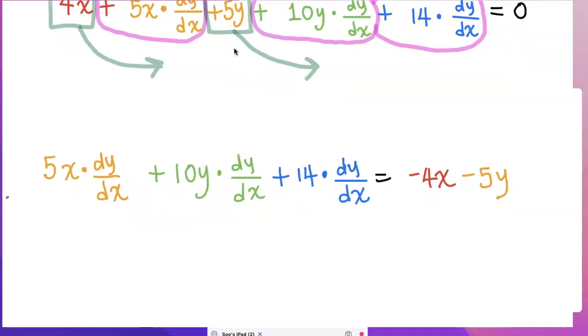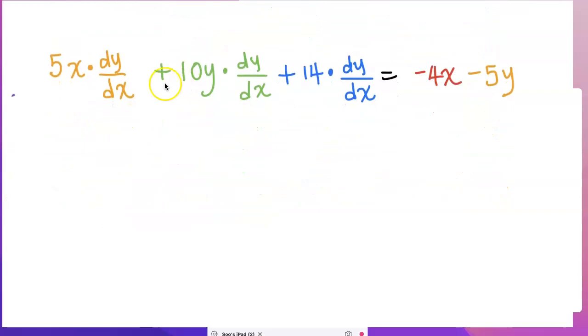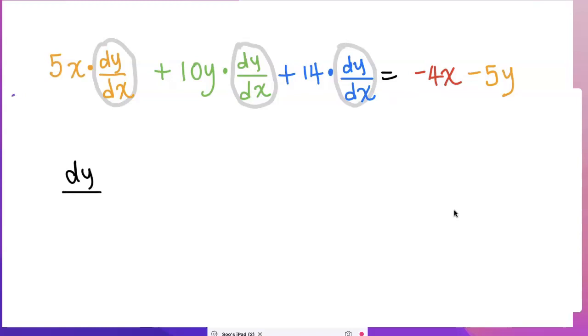The reason we kept all the terms that have dy/dx on the left, and the ones that don't on the right, is because I now want to factor out this dy/dx. Now all of them have dy/dx, so I'm factoring it out in front of a big parenthesis. Here's the dy/dx that I factored out, and we write down what's left inside.